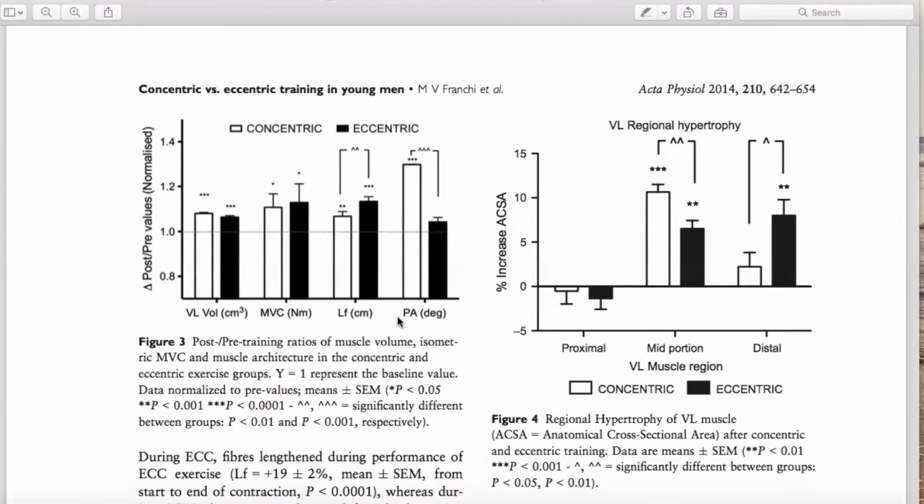We know that, for example, if you put more sarcomeres in series, that should influence the velocity of contraction of a muscle.